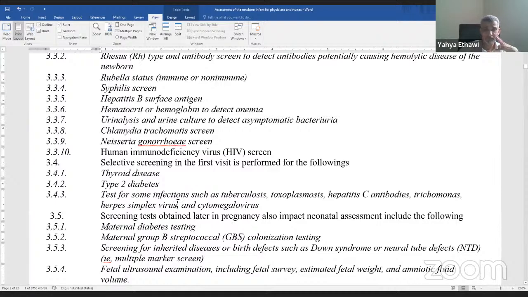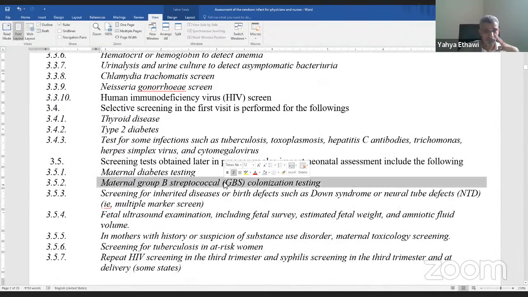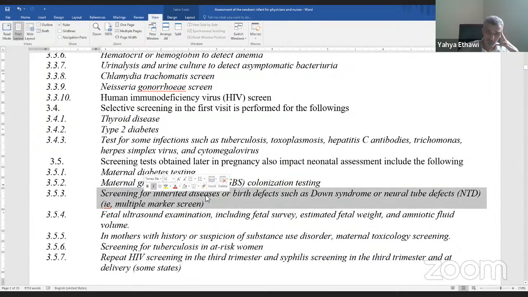If the mother is diabetic, then we need to make sure whether the last screening was done, and if it's done, what the result is, because it impacts the baby. GBS screening for any baby more than 34 weeks, and screening for congenital abnormalities, such as screening for Down syndrome and neural tube defects. They have certain markers in antenatal ultrasound, imperforate anus, cardiac, bowel, and so on.